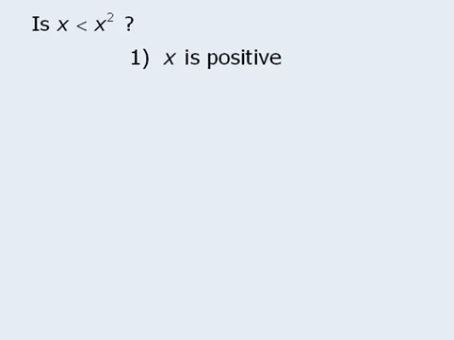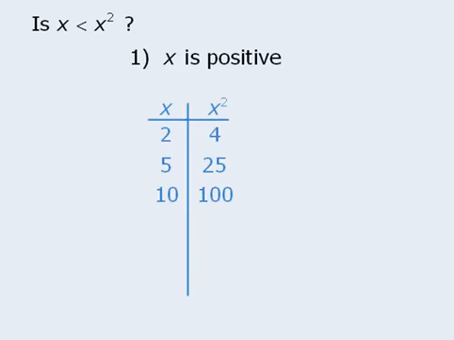This question illustrates the utility of -1/2 and 1/2. Now, in most cases, when we take a positive number and square it, the squared number is larger than the original number. 2 when squared becomes 4. 5 when squared becomes 25. 10 becomes 100, and so on.